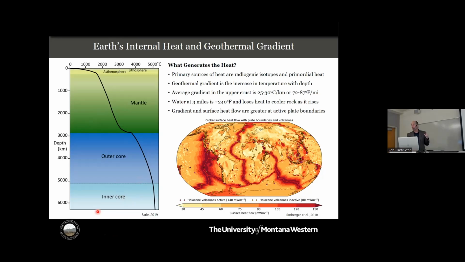So the interior of the Earth has a gradient to the temperature. In other words, it gets hotter as you go deeper. So we know this from mines, right? So the Butte miners, it would be down at the 5,000 foot level at 120 degrees Fahrenheit.